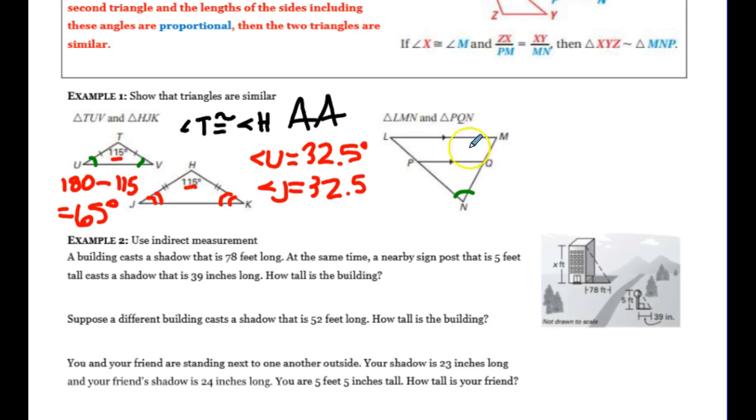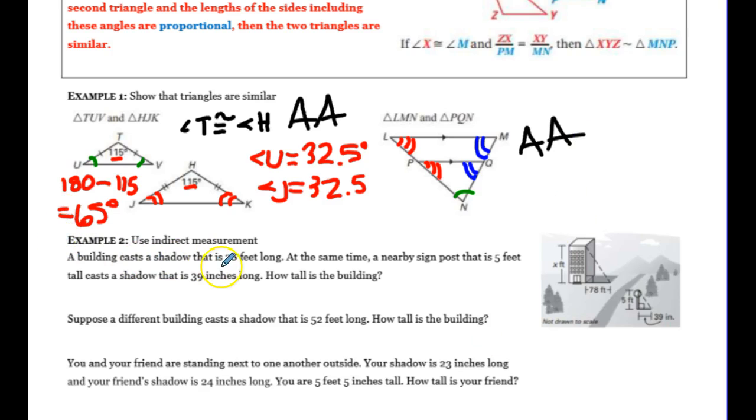So remember, if you have two parallel lines cut by a transversal, corresponding angles are congruent. And M and Q happen to be corresponding angles. Well, you could also have used L and P because they are also corresponding angles. But you only need two, so you can stop there. So then these two triangles are similar by angle-angle.